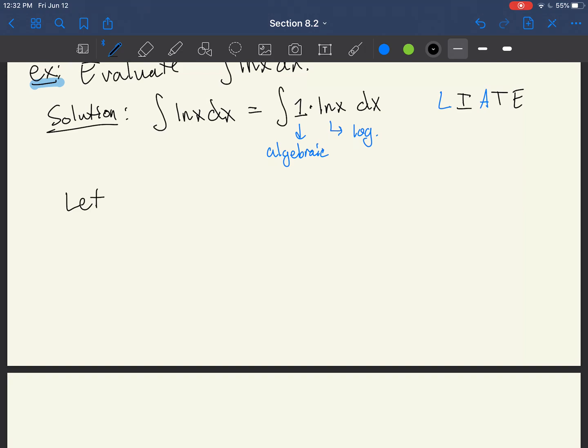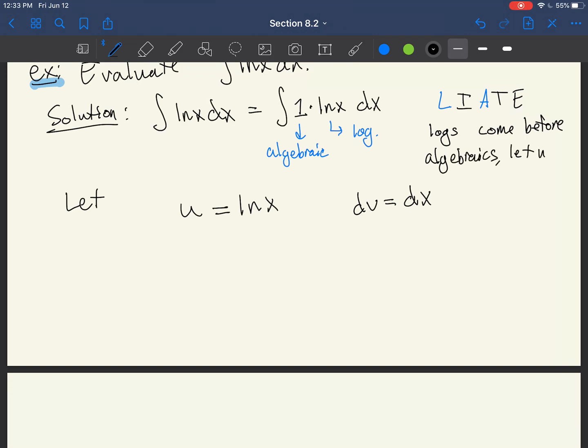So we want to let u be the first one to appear, which would be L. So we want u to be natural log of x, and then dv is what is left over, which in this case is just dx. So logs come before algebraics. So we're going to let u equal log.